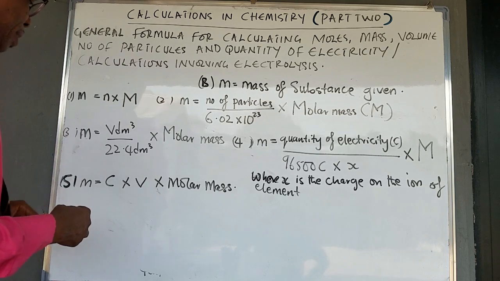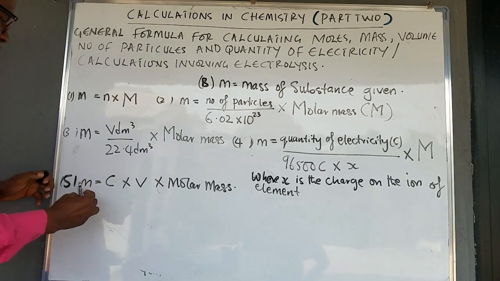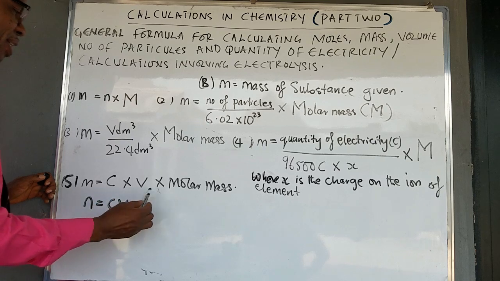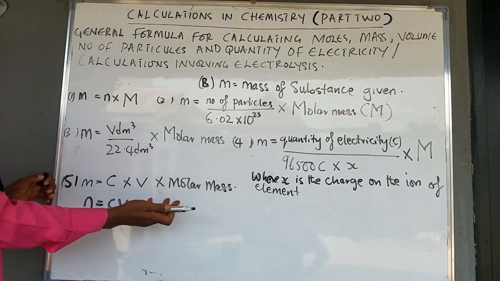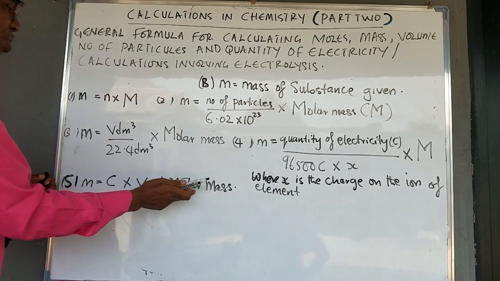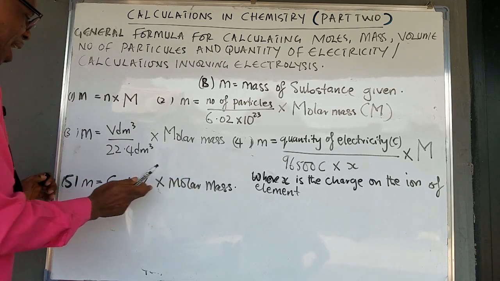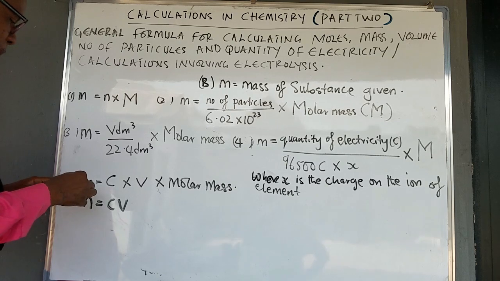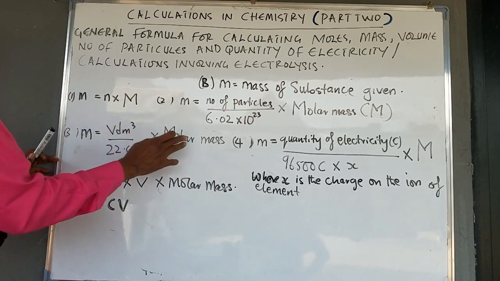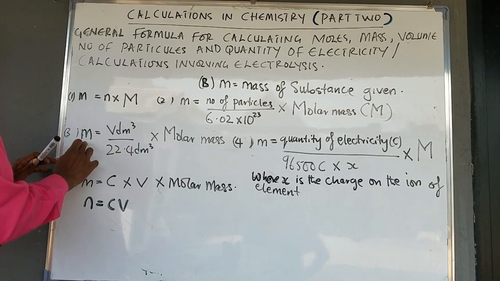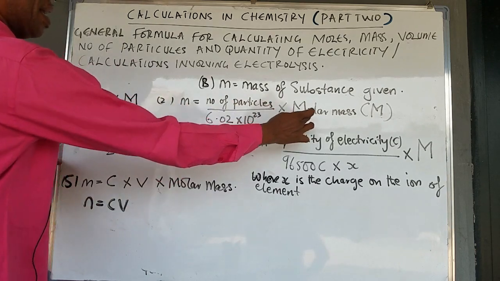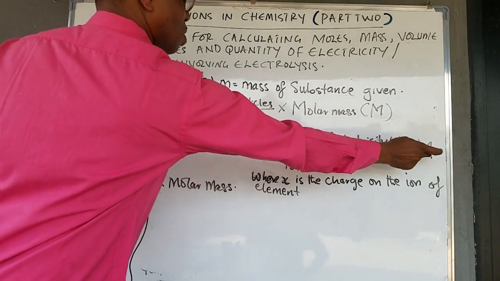What's the difference between this and the previous one? Let's look at the comparison. The previous one was N is equal to CV. There was no molar mass. But when it involves M, you must introduce molar mass, and you still get the mass that is given. In the other cases, when it was N, there was no molar mass.